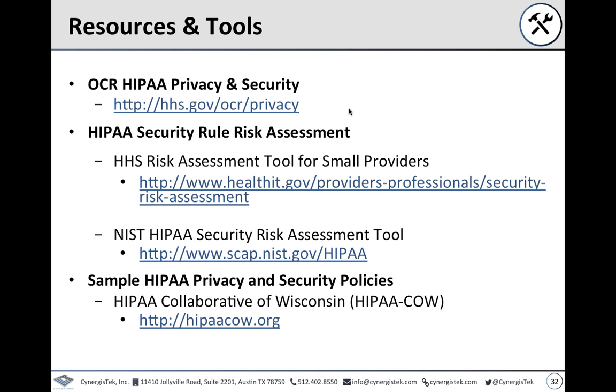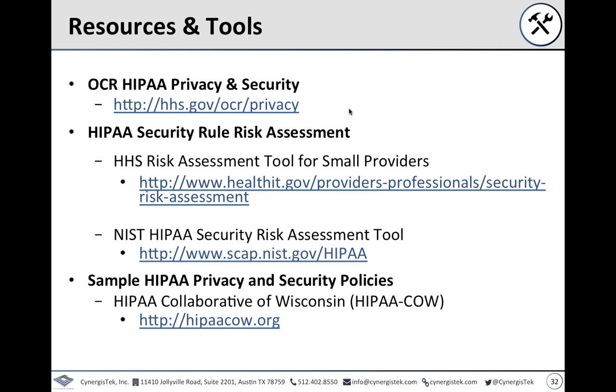So I wanted to share with you some basic tools and resources to help identify what the requirements are, and also how to help you develop a risk assessment, as well as sample privacy and security policies that are available for use.